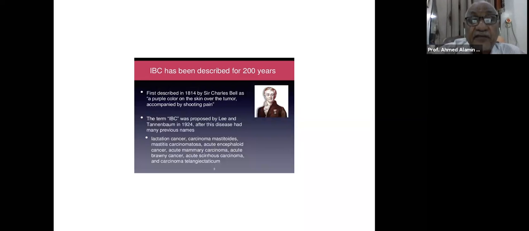It was first described in 1814 by Sir Charles Bell as a purple color of the skin over the tumor accompanied by shooting pain.